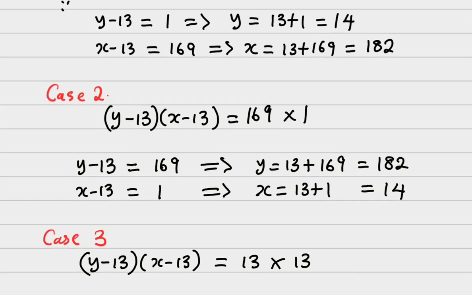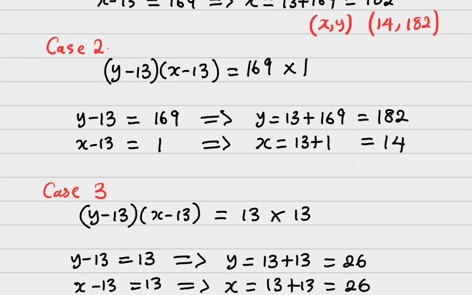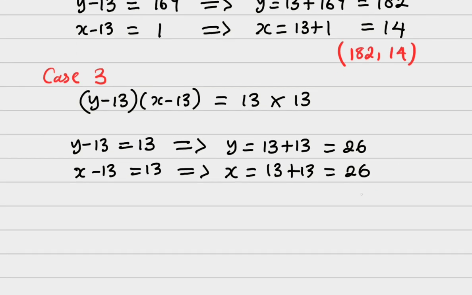Now, having it as x comma y in coordinate form, the first is going to be 14 comma 182, and this is going to be 182 comma 14, and this will now be 26 comma 26.